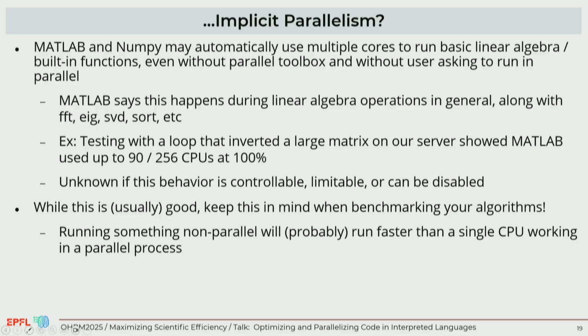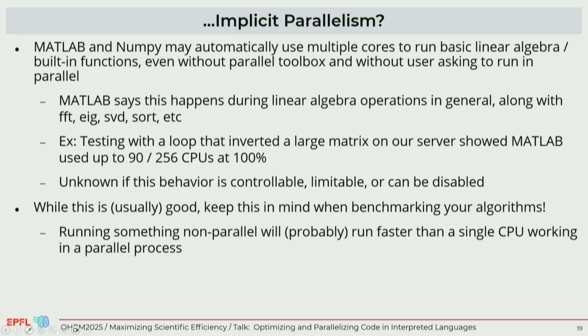If you ran a big enough operation, it would automatically try to get every free core it could. With a big enough matrix in one of our tests, it took 90 out of 256 of the CPUs running at 100%. This is without the Parallel Toolbox. This just happens implicitly. I don't believe it's able to be turned off or controlled at all in MATLAB.